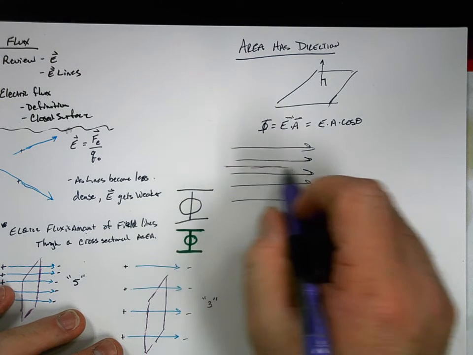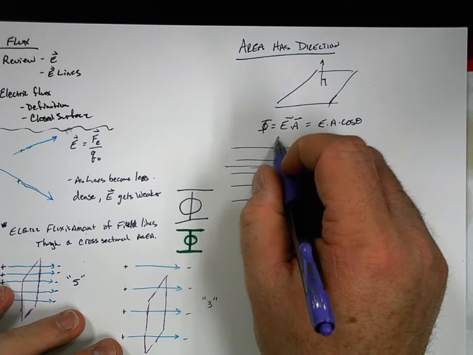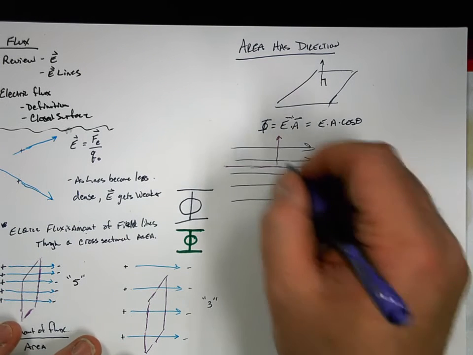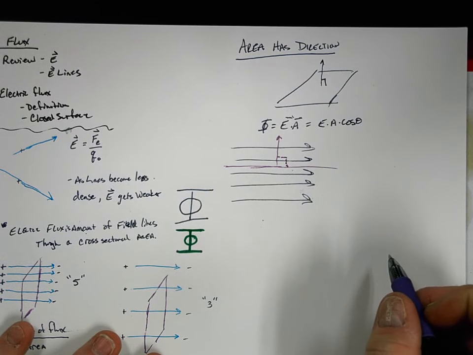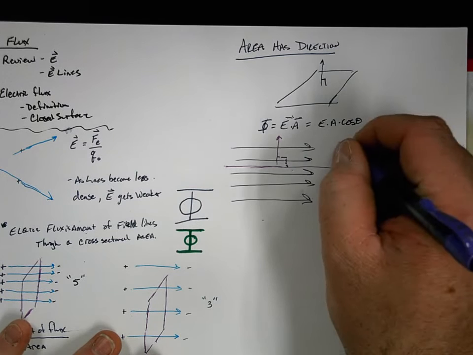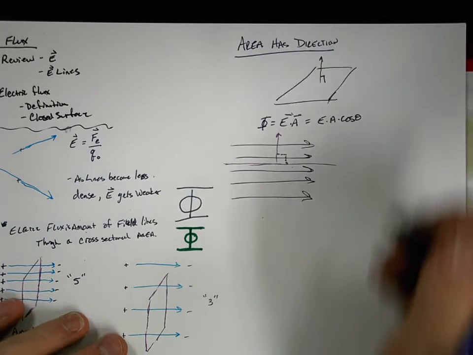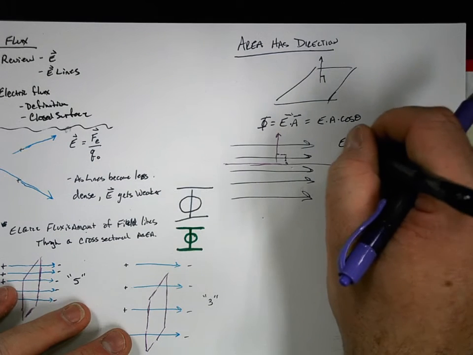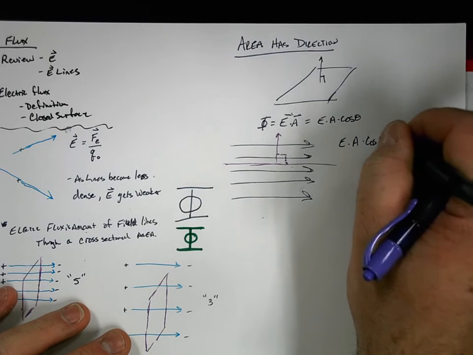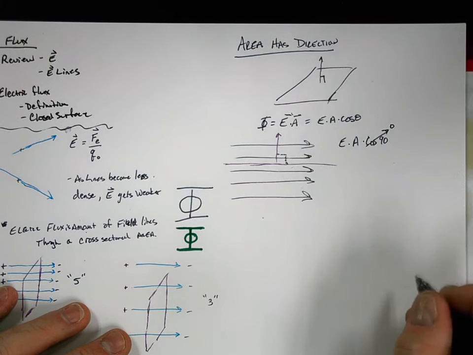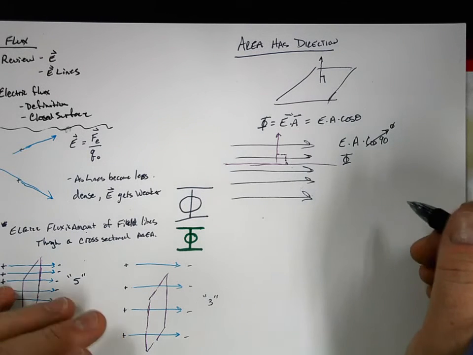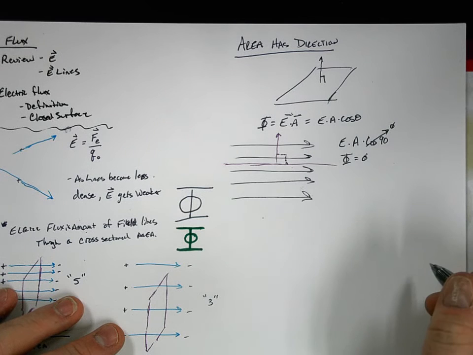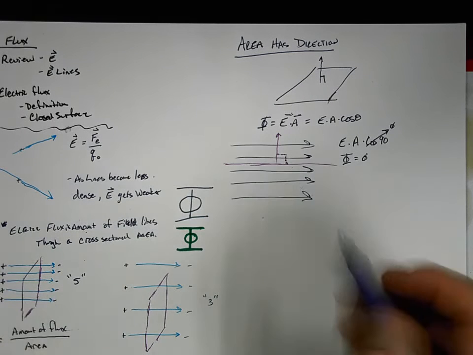There's my paper, there's my normal vector, and there's the angle that it's making with the field. This angle would be 90, right? So E A cosine of 90, well, cosine of 90 equals 0. And so our flux, the amount of lines passing through that area, equals 0.